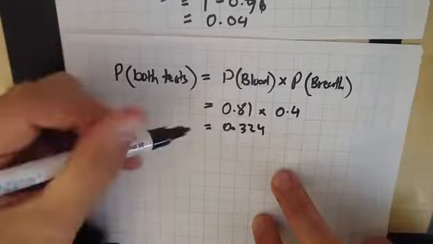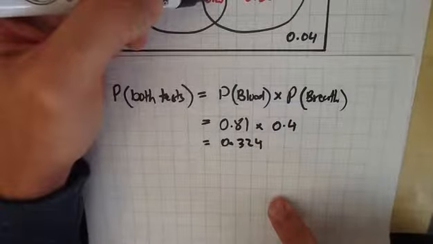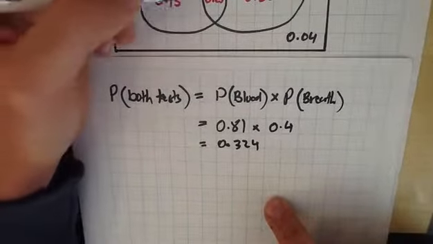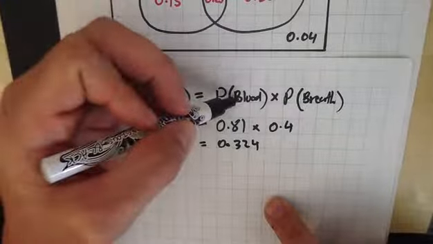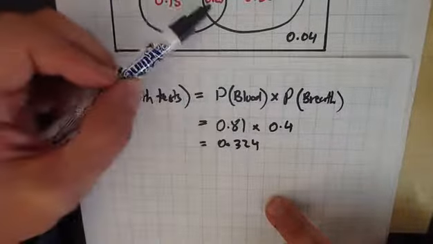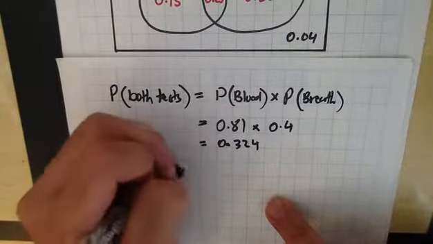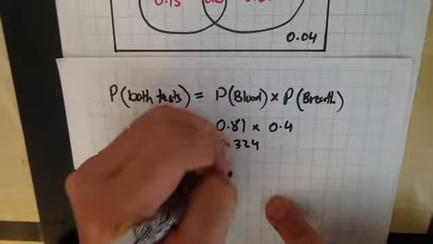But at the start of the question, we were told the probability of getting both tests is 0.25. So the probability of blood multiplied by the probability of breath does not equal the probability of both. Therefore, they are not independent.